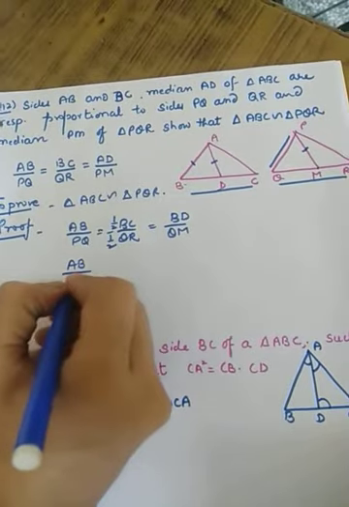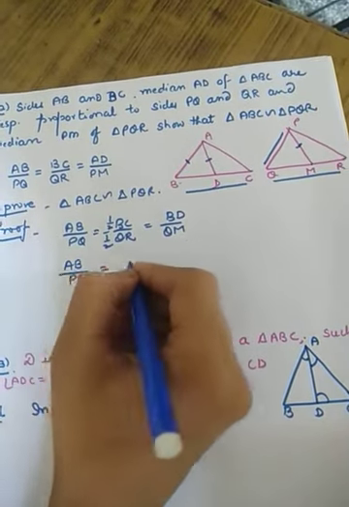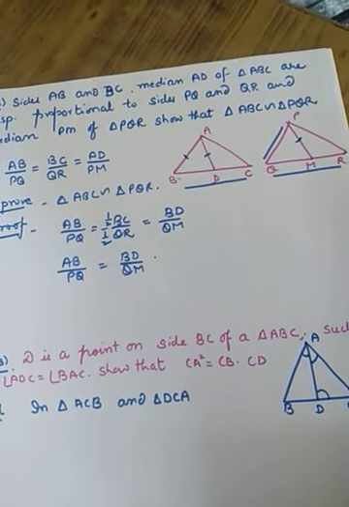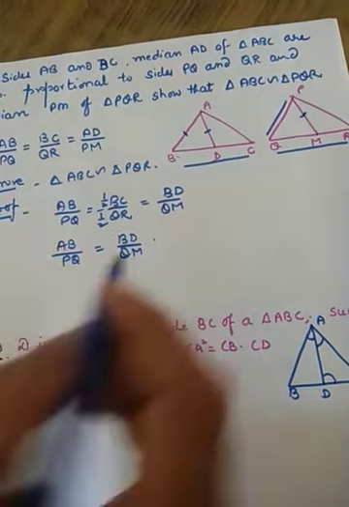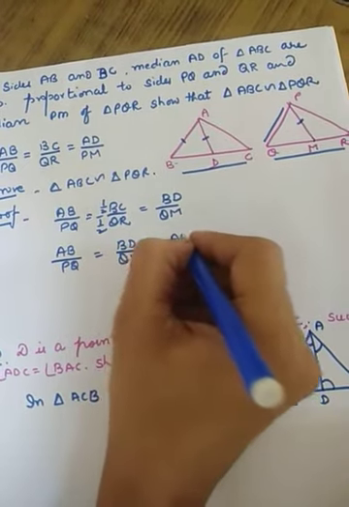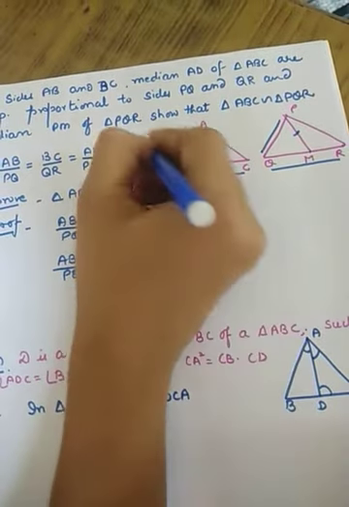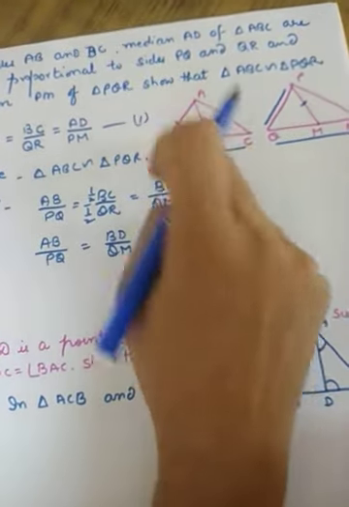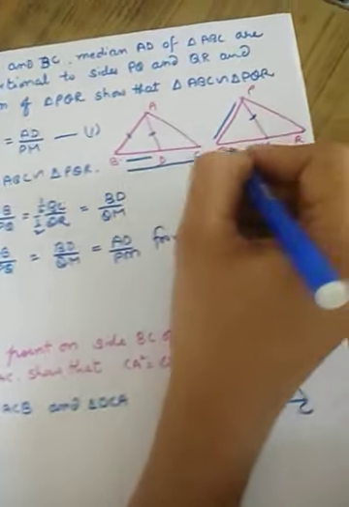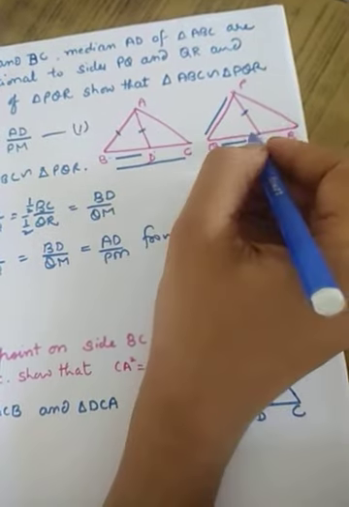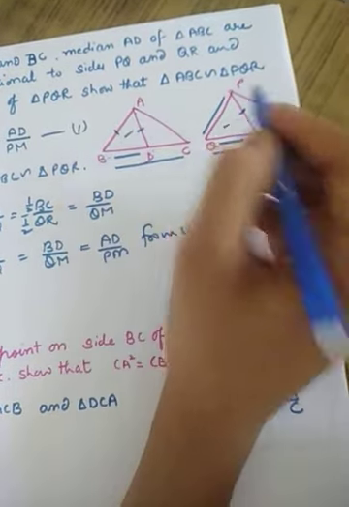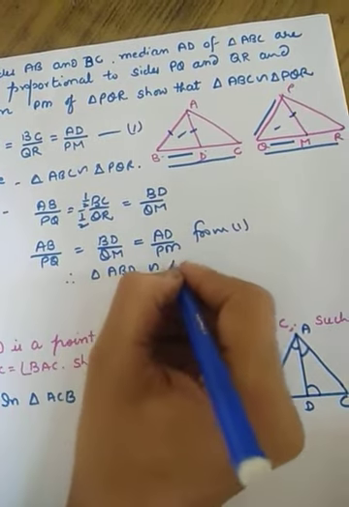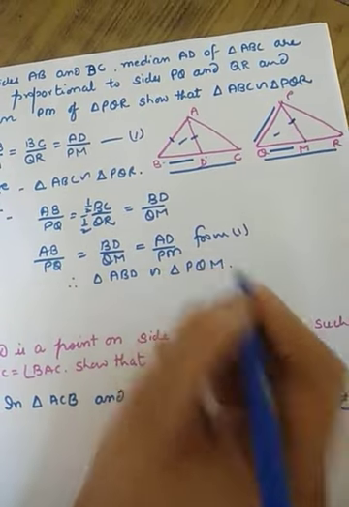Now we have AB upon PQ equal to BD upon QM. These two ratios are equal, and it is also given, from equation 1, that AD upon PM is the same. What does it mean? AB by PQ, BD by QM and AD by PM are equal, so these two triangles are similar. Therefore triangle ABD is similar to triangle PQM.